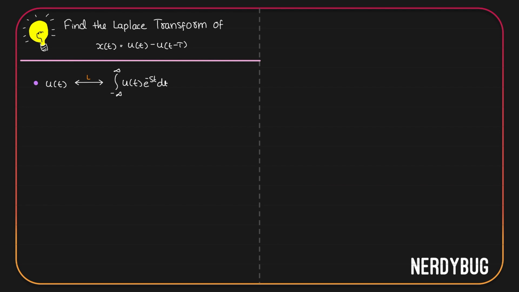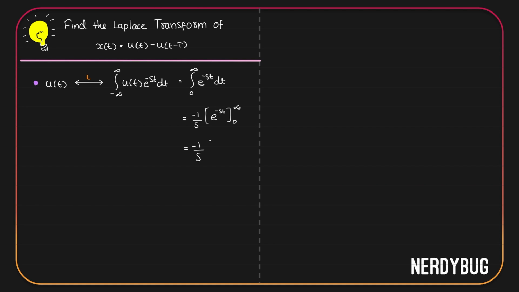But u of t is 0 for t from minus infinity to 0 and u of t is 1 from 0 to infinity. So this simply becomes the integral from 0 to infinity of 1 times e raised to minus st dt. Integrating this we get minus 1 by s e raised to minus st, with limits from 0 to infinity.